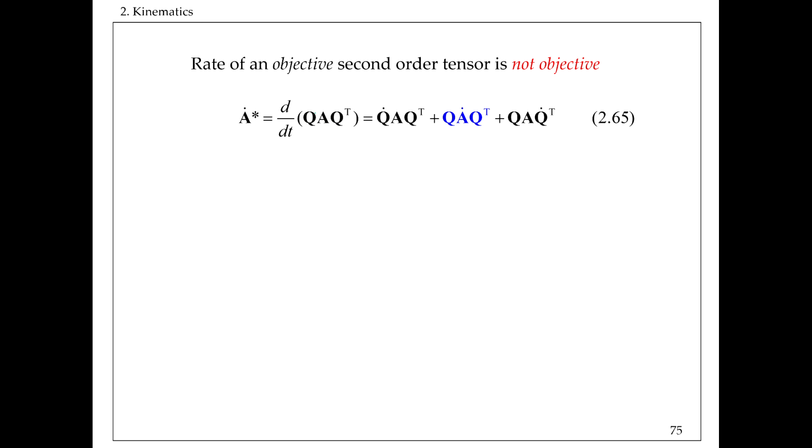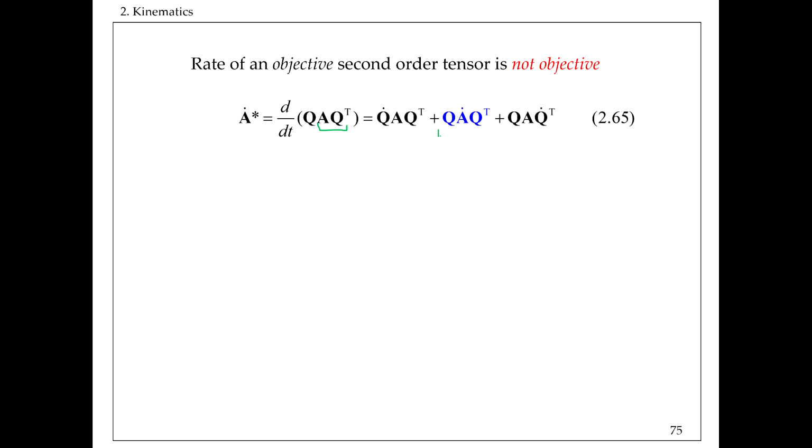So we produce three terms, obviously. We can again split this in a more convenient way and do this step by step. If we have two tensors, because this AQ transpose can be seen as another second order tensor, then we have Q dot multiplied by AQ transpose, and then we have Q multiplied by AQ transpose dot.